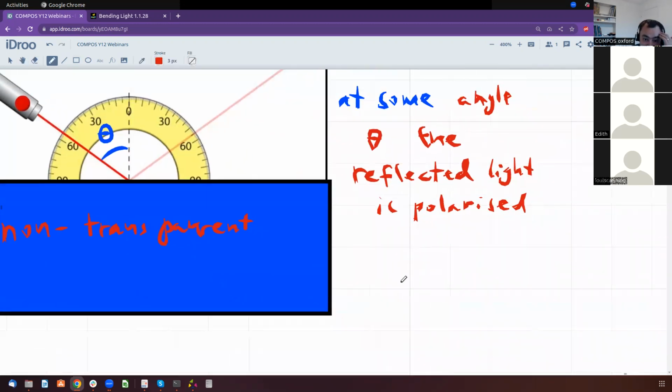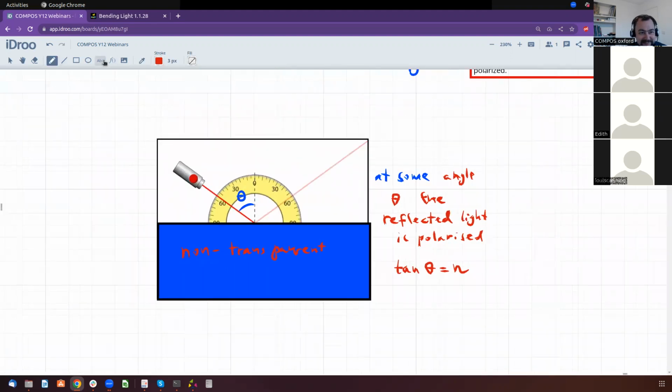And because we know that tan theta is equal to n, we can find the refractive index of a non-transparent material.